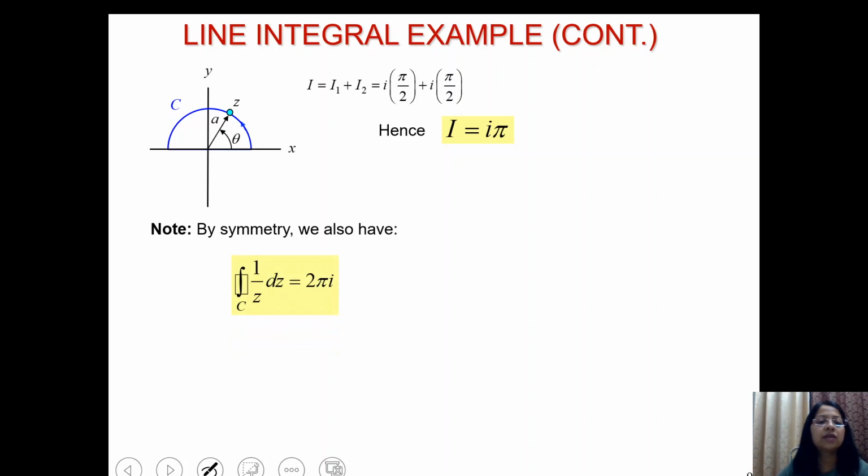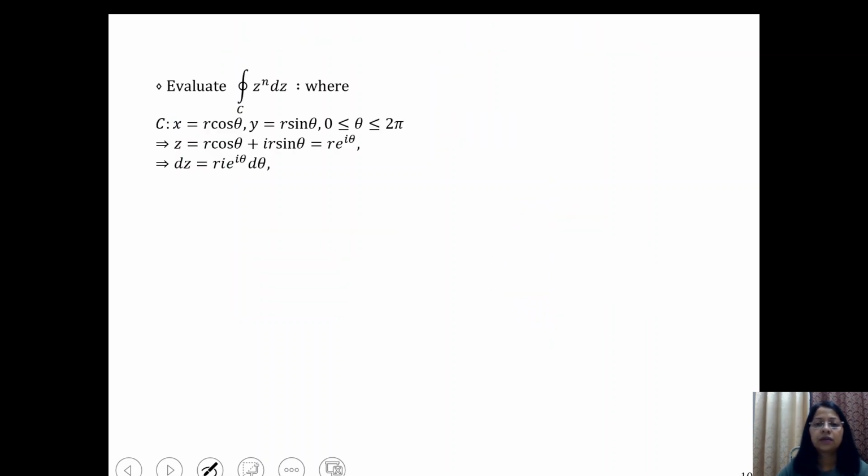So by symmetry we can solve the same question for the complete circle C. Since it is symmetrical, the result becomes 2 pi iota, right? In such a manner.